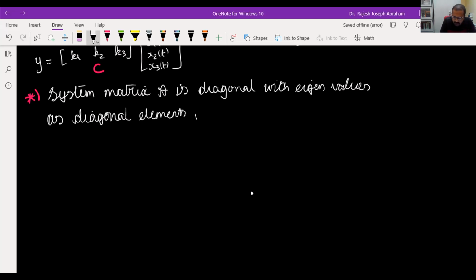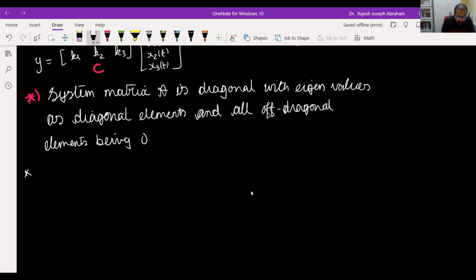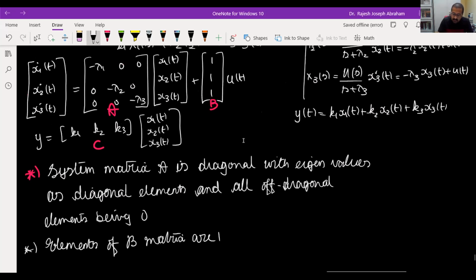And all off-diagonal elements being 0. Okay, then the elements of the C matrix are elements of the B matrix. Okay, all elements in the B matrix are ones.